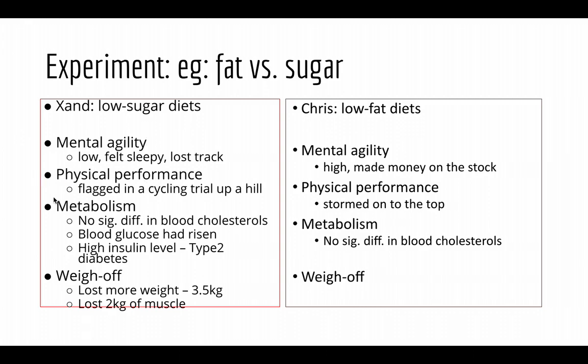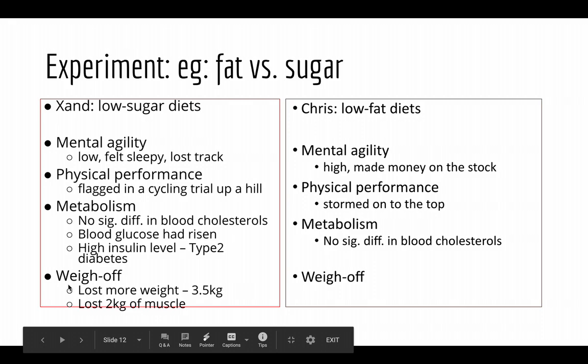And the physical performance flagged, not that strong, and metabolism, though not significant in this, but still a higher insulin level, type 2 diabetes, right? Which is amazing. So if you rely on a low sugar or low carb diet too much, you probably are going to have type 2 diabetes.